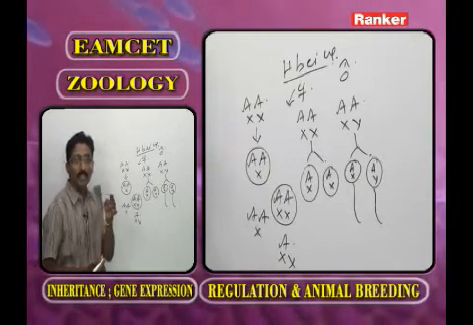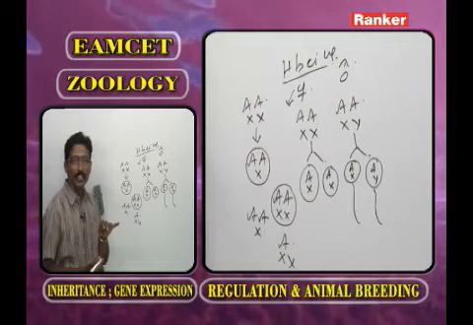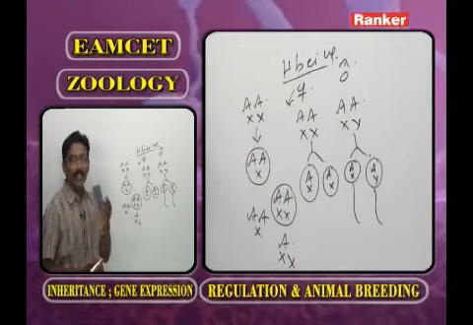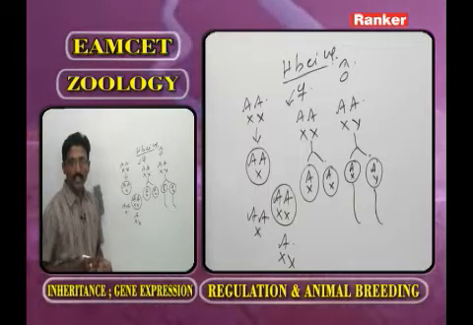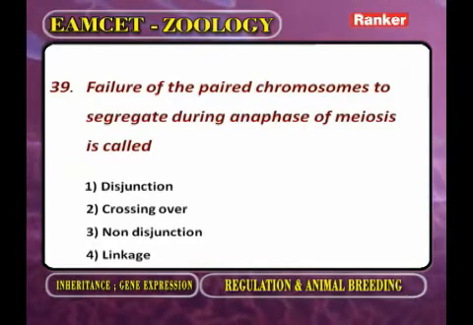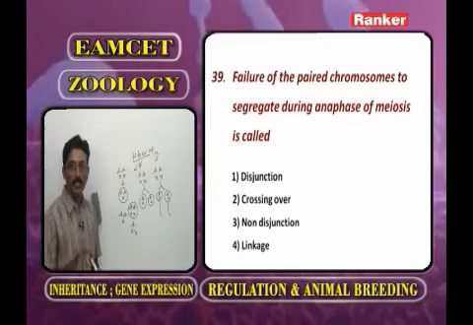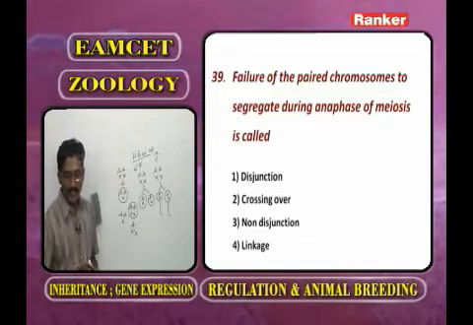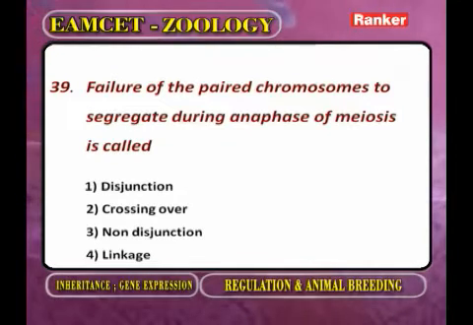If abnormal gametes undergo fertilization, we are getting a variety of male and female individuals. Here the question is the failure of the paired chromosomes to segregate during anaphase of meiosis is called, they failed to separate. That means they are unable to separate. That we call non-disjunction. The answer is the non-disjunction of chromosomes.